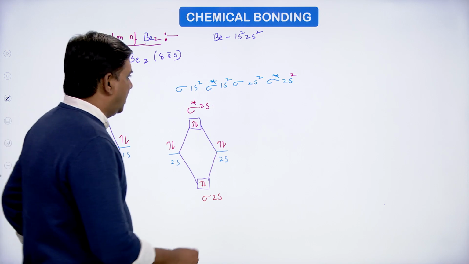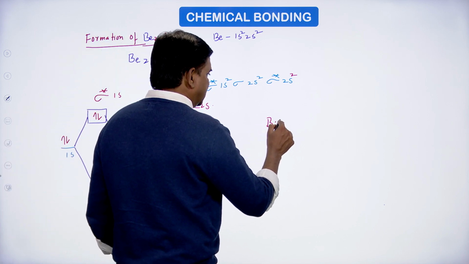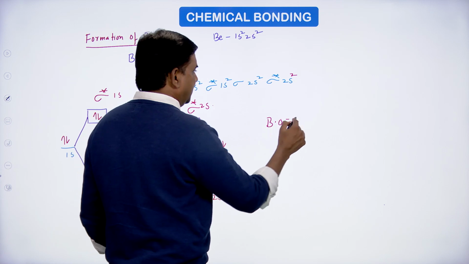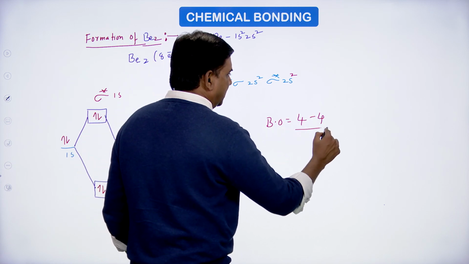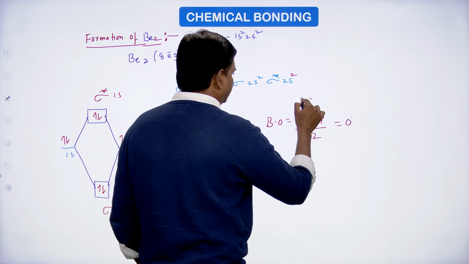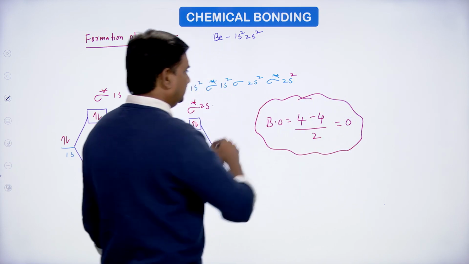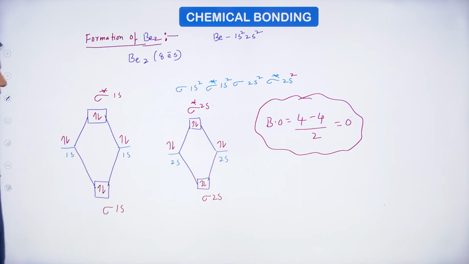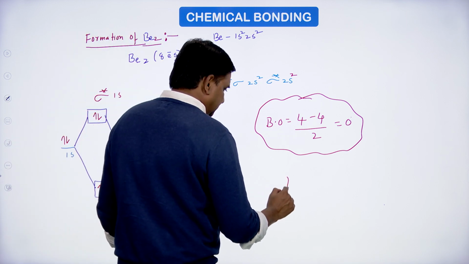Now here, bond order is equal to the number of electrons in bonding orbitals, which is 4, minus anti-bonding orbitals, which is 4, so this is 0. So 0 means it does not exist.